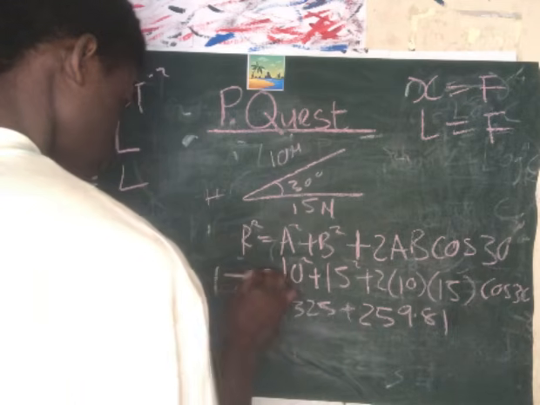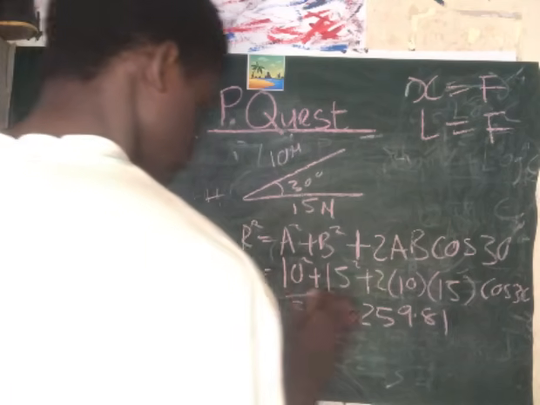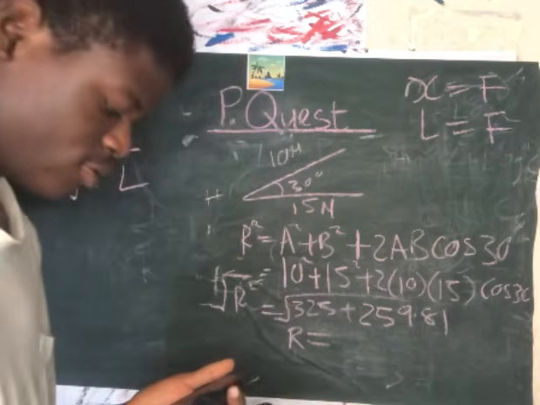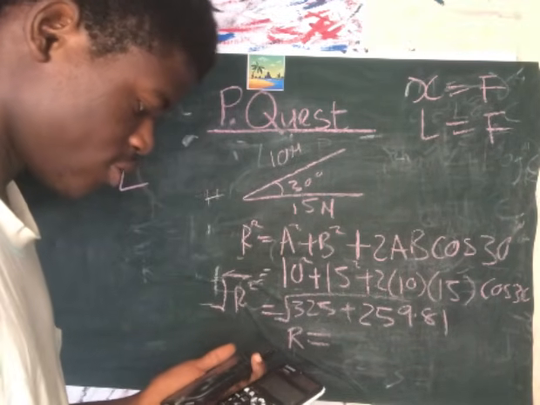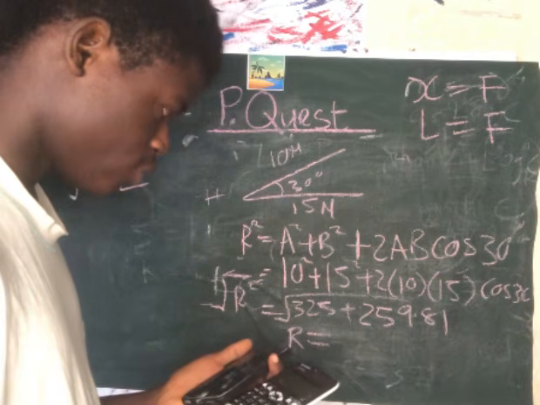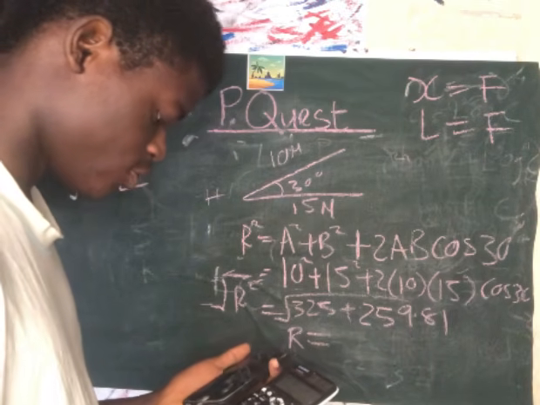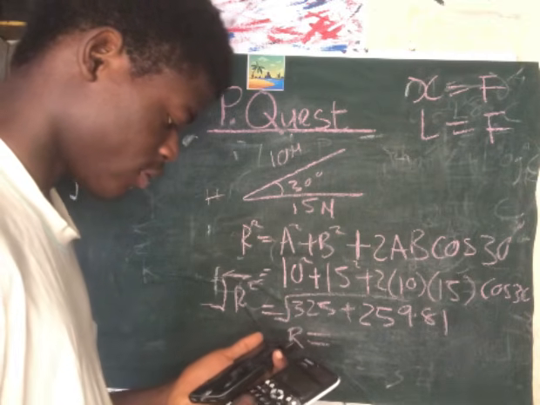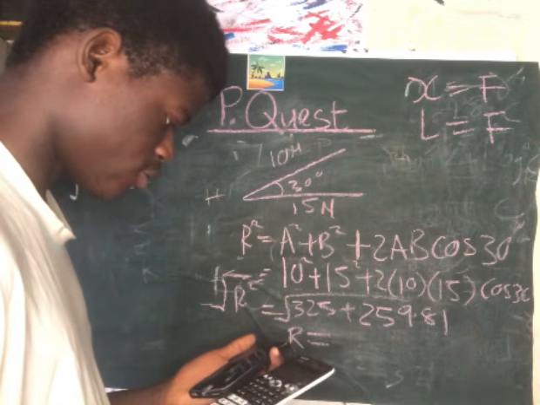That's good. So let's square root both sides. Our final answer of R will be the square root of 259.81 plus 325.